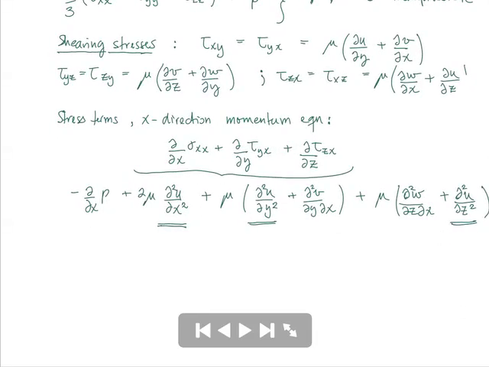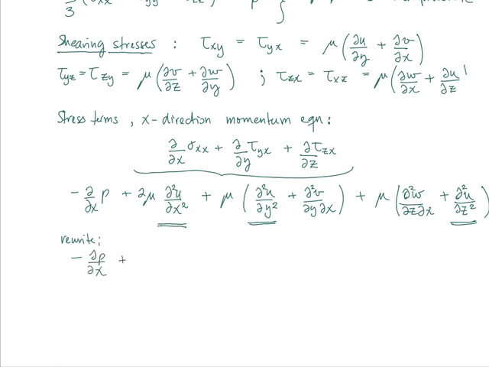So I'm going to rewrite this as minus dp dx, that remains the same, plus mu times the second order derivative of u with respect to x, plus the second order derivative of u with respect to y, plus the second order derivative of u with respect to z.